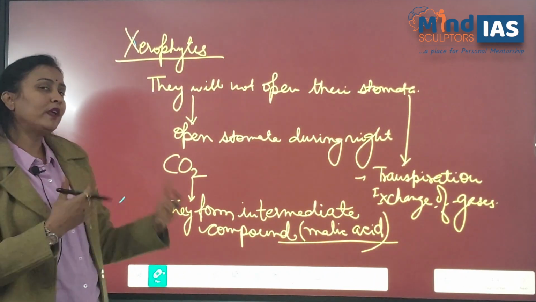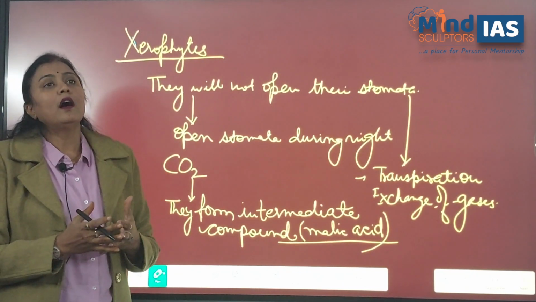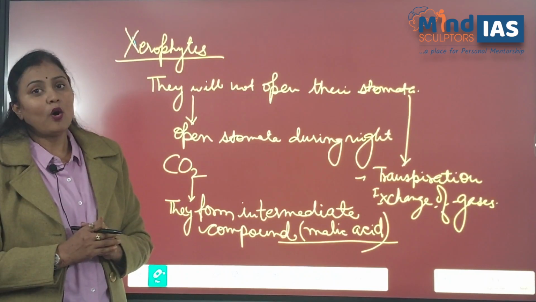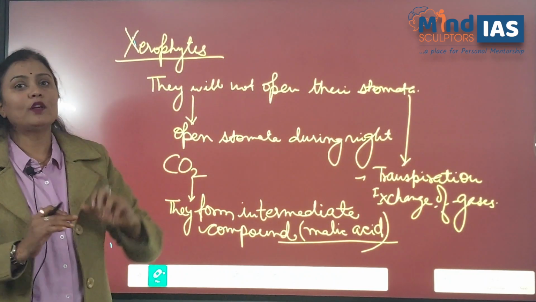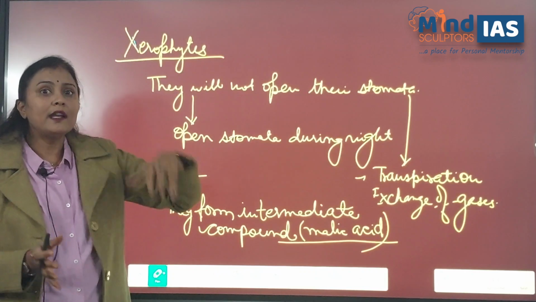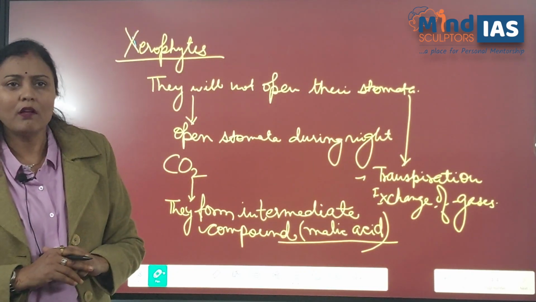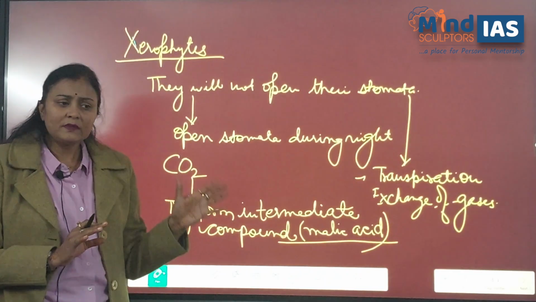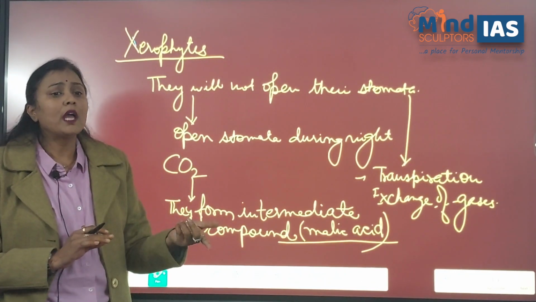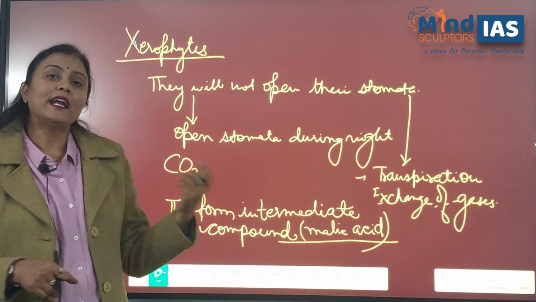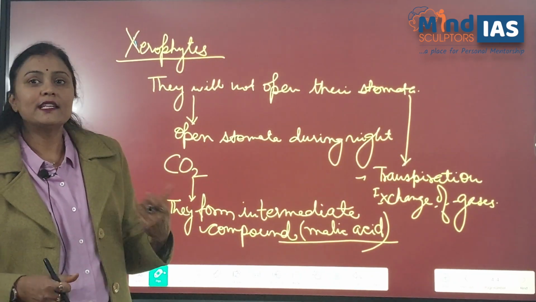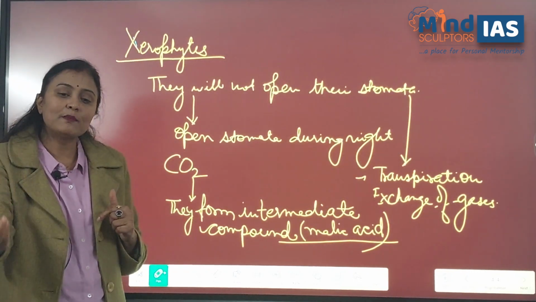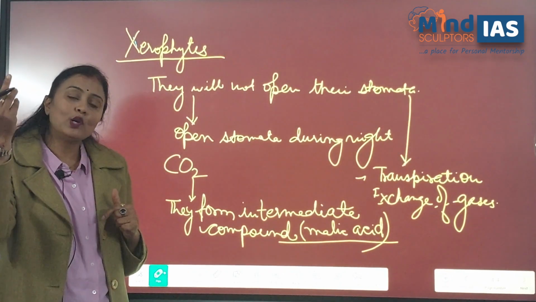Now how can we prove that glucose is forming in the process of photosynthesis, or that sunlight is necessary for the process of photosynthesis, or carbon dioxide is necessary for the process of photosynthesis? There are many activities given in your NCERT book through which we can identify that carbon dioxide, sunlight and water are necessary for the process of photosynthesis, and as an ultimate result glucose is formed.